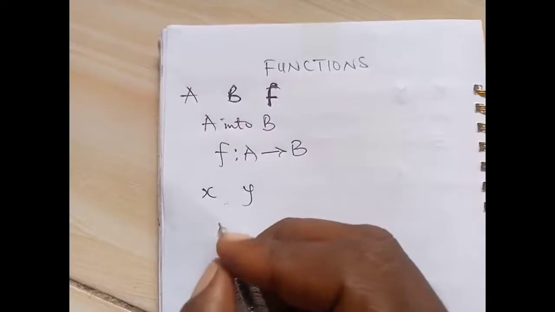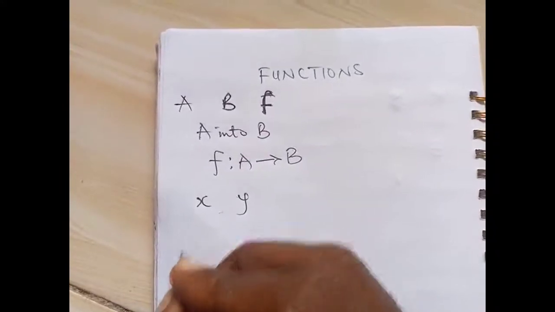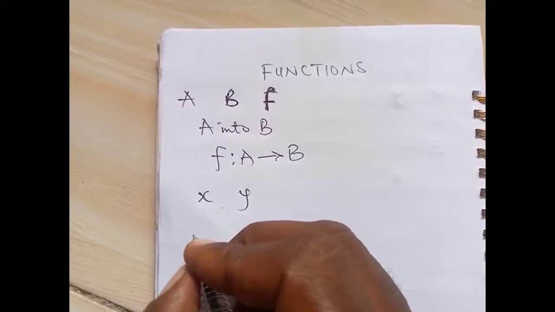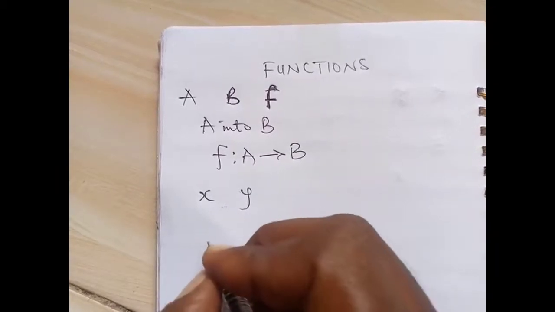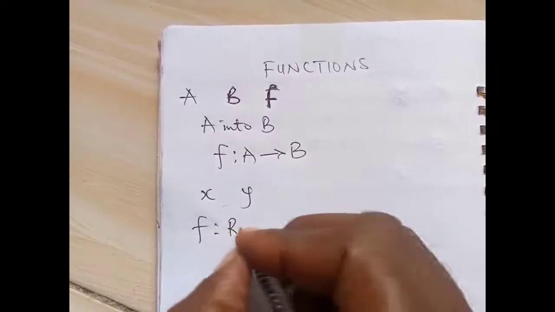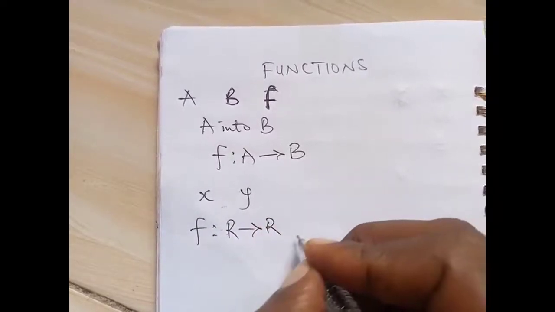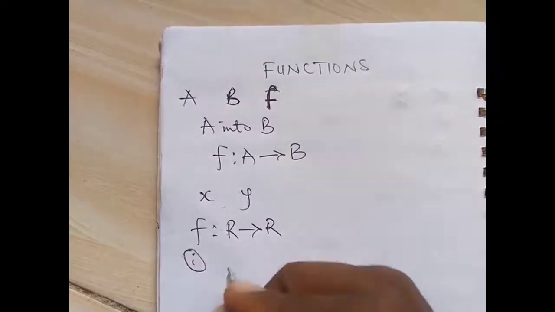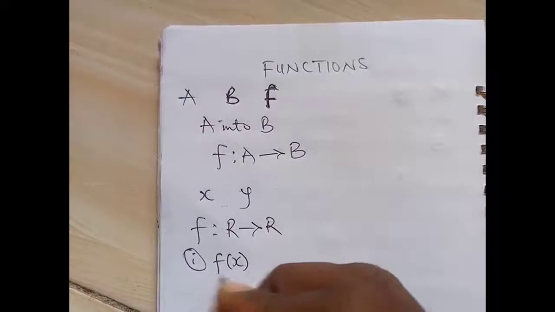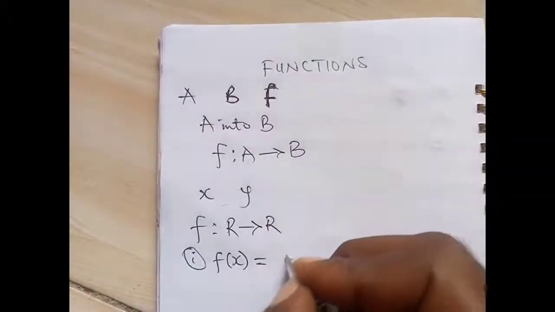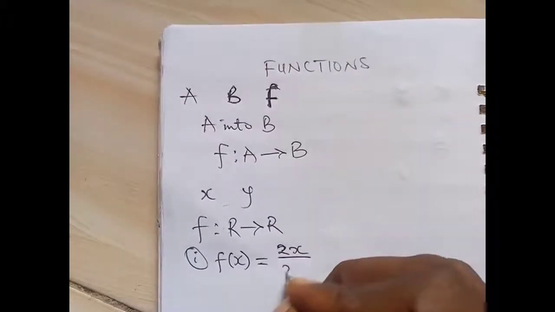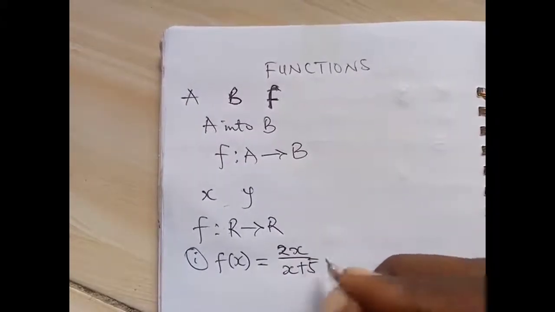For example, determine the domain and the range of a function f mapping R into R such that, for the first one, f of x, or we call it y, is equal to 2x over x plus 5.